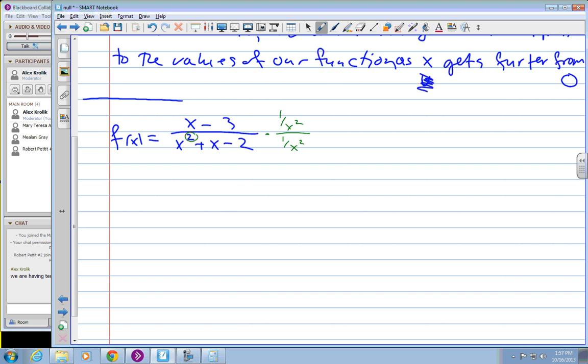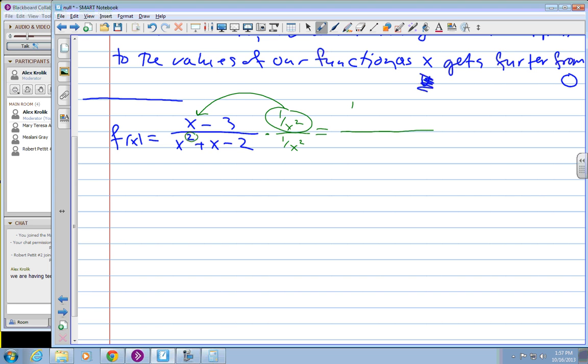Well, I use the same power, basically. So I'm doing 1 over x to whatever degree the denominator is. Now, see what happens. As I multiply 1 over x squared by x, what is 1 over x squared times x equal to? Well, it's 1 over x, right?